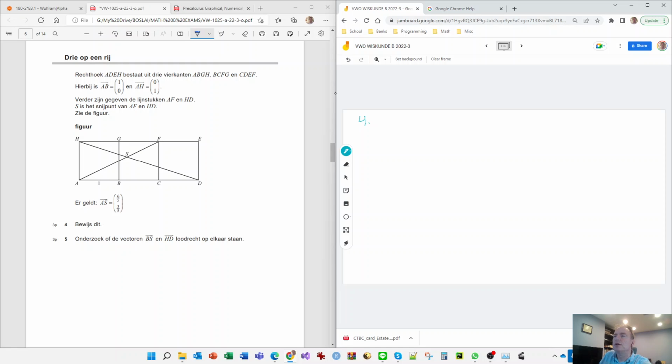Now we have a segment AF and HD. Then they say these intersect at some point S, and this is the vector AS, and we have to prove that.